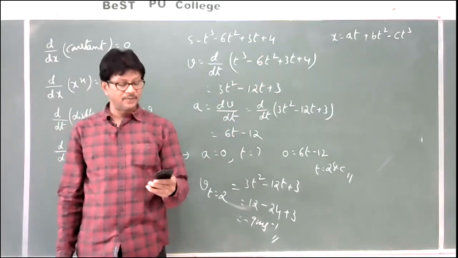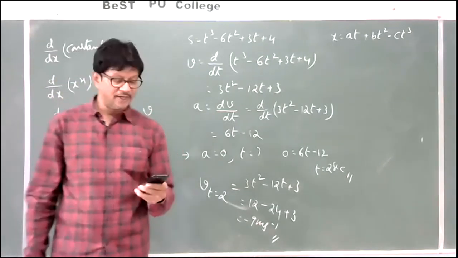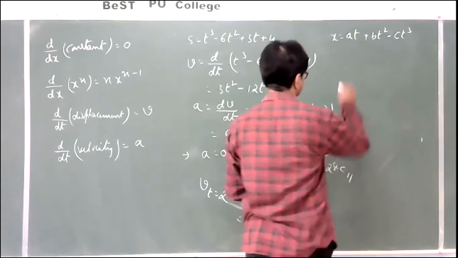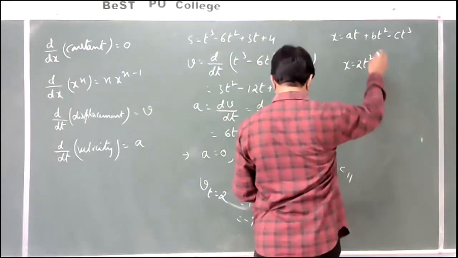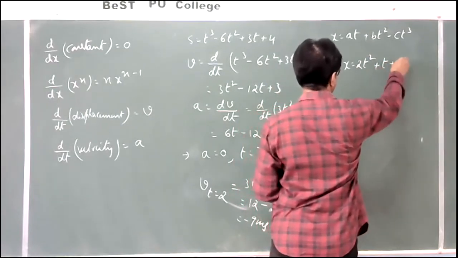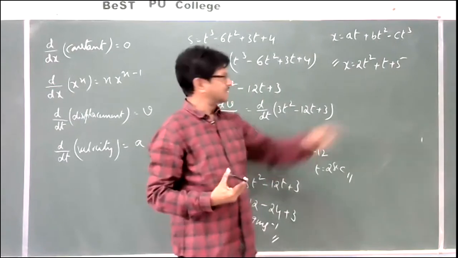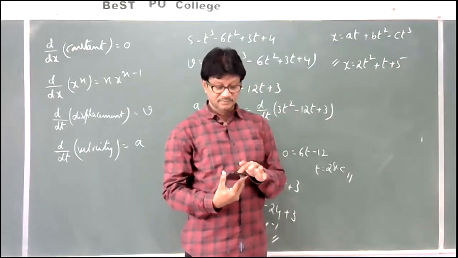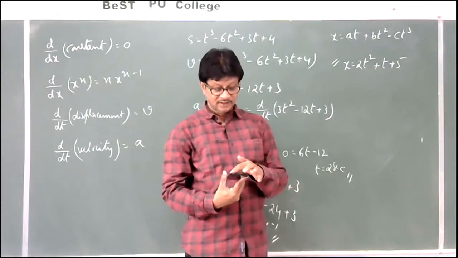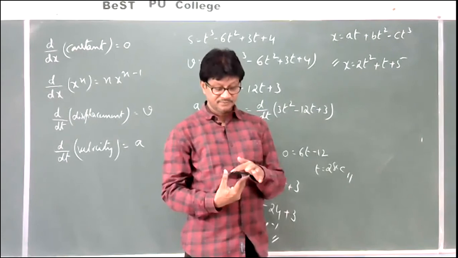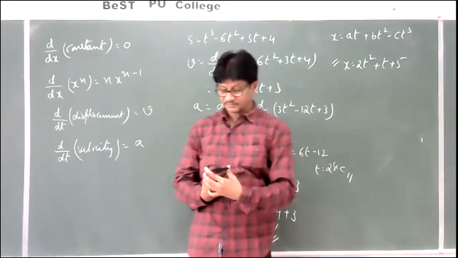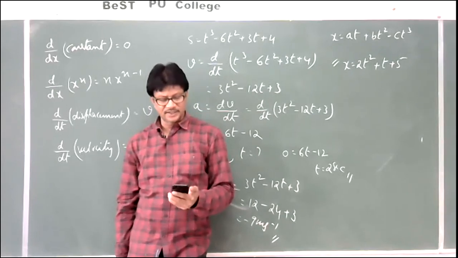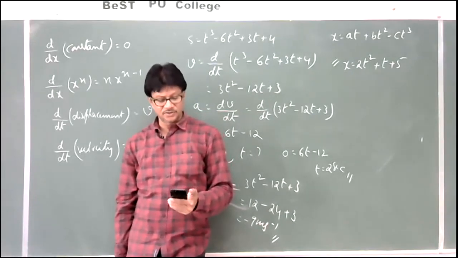The displacement is given by x is equal to 2t square plus t plus 5, comma, the acceleration at t is equal to 2 seconds is.